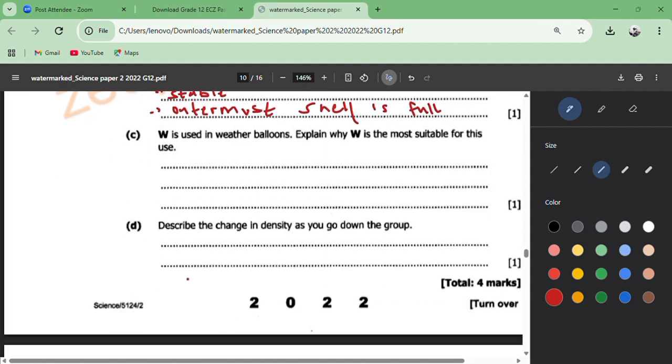Describe the change in density as you go down the group. Anyone with an answer? That's very correct.